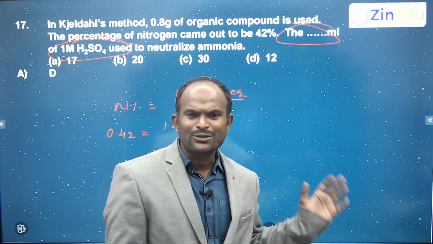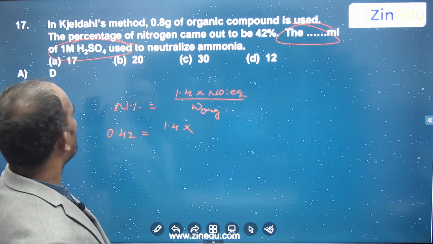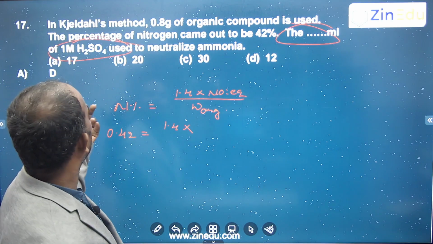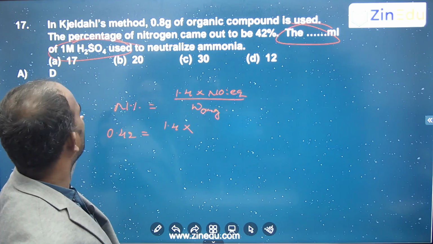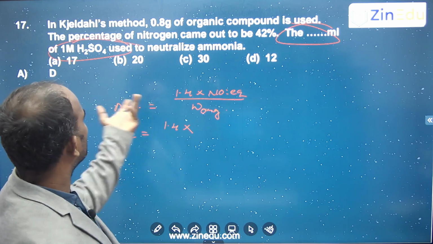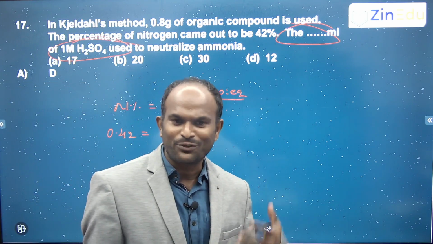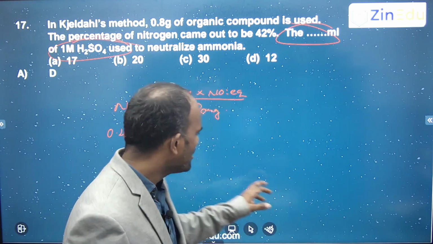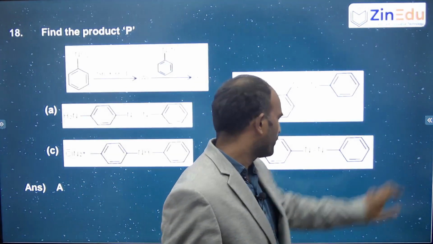Here the data is not there, but anyway, 0.8 grams is given, and they might want to calculate something, which is also not mentioned here. So this is quite memory based, and since data is missed, we cannot proceed further in this problem.